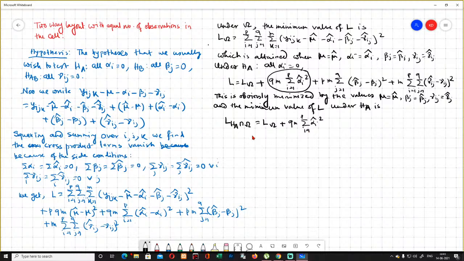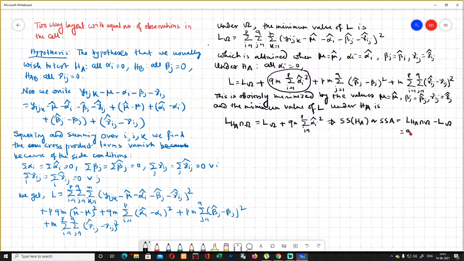And sum of square due to error, so this implies sum of square due to error, I denote it by sum of square due to HA, that is we denoted by sum of square due to factor A, which is nothing but L HA intersection omega minus L omega.